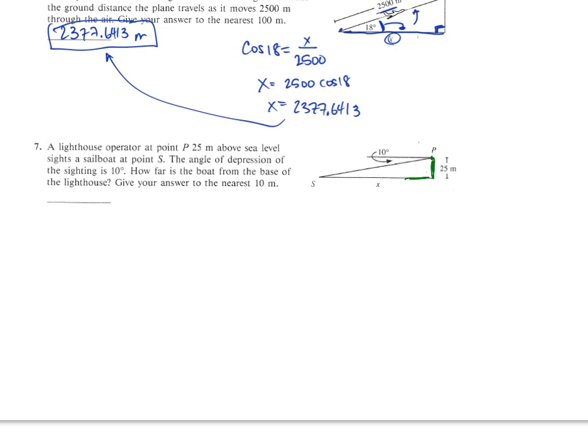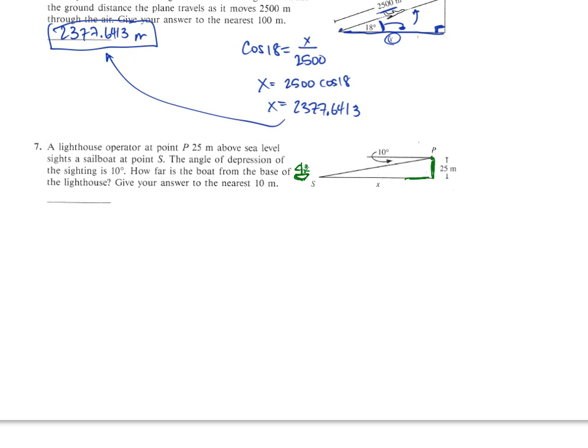Sights a sailboat. So here would be the sailboat, S. Let's draw that sailboat. I can be standing on the sailboat, doing math. Woohoo! At a point S, the angle of depression of the sighting is 10 degrees.